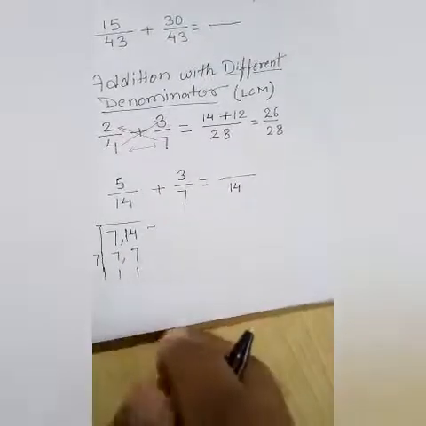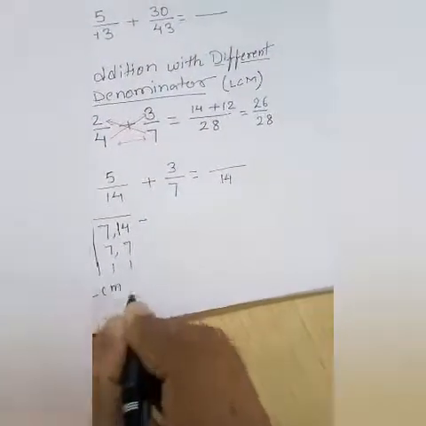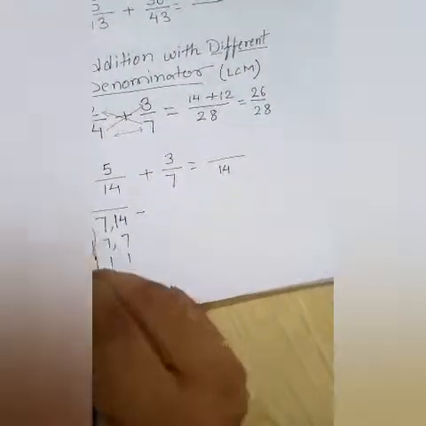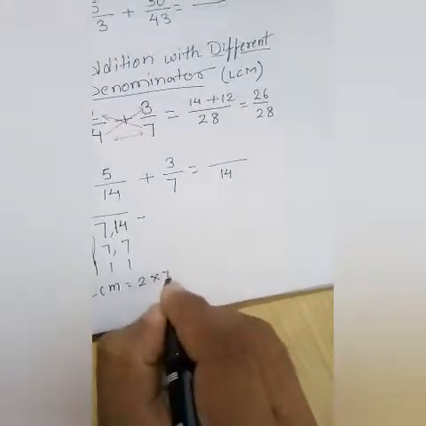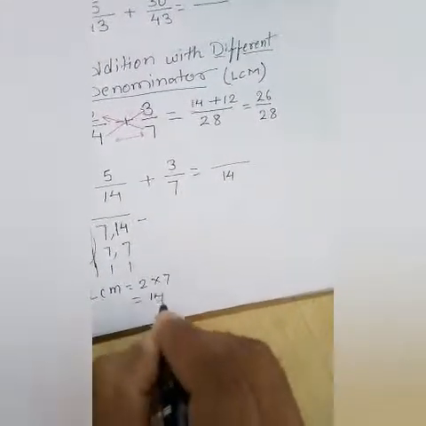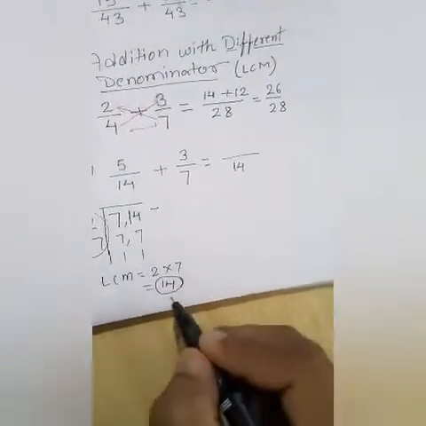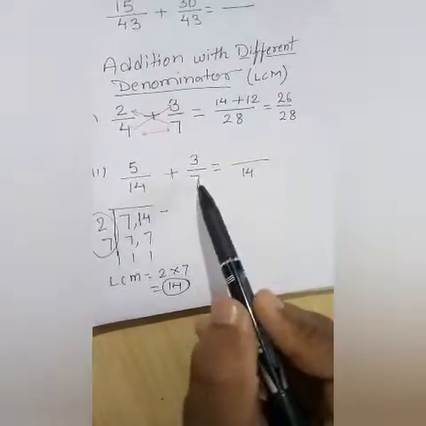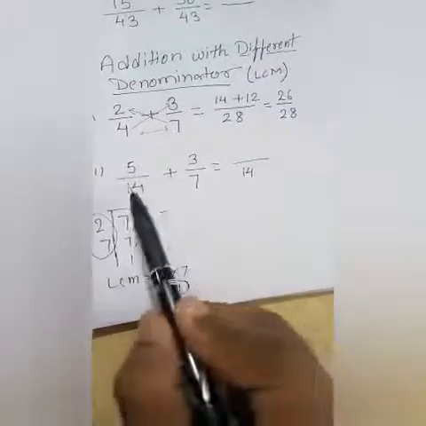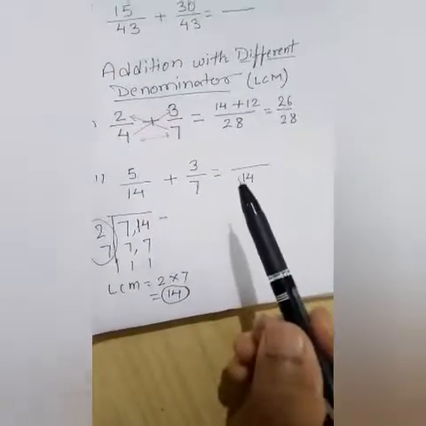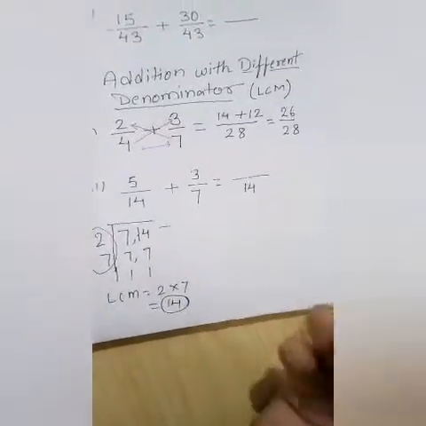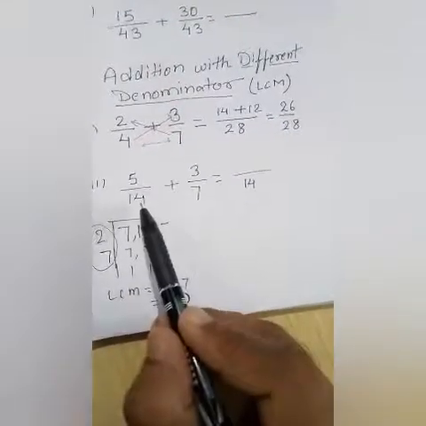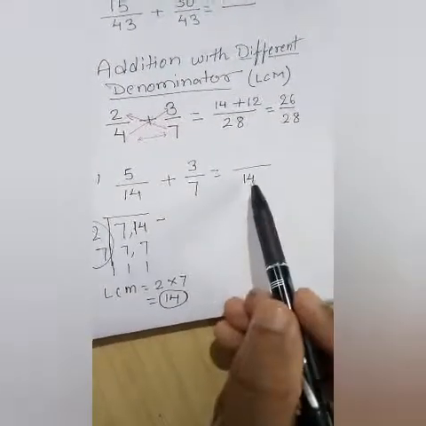Now your LCM will be the multiplication product of these two, 2 into 7. Answer is 14. As you can see, 14 is your LCM and 14 is here. So whenever you are solving, if they come in each other's table, the bigger one will be your LCM. So 14 is bigger than 7, so 14 is your LCM.